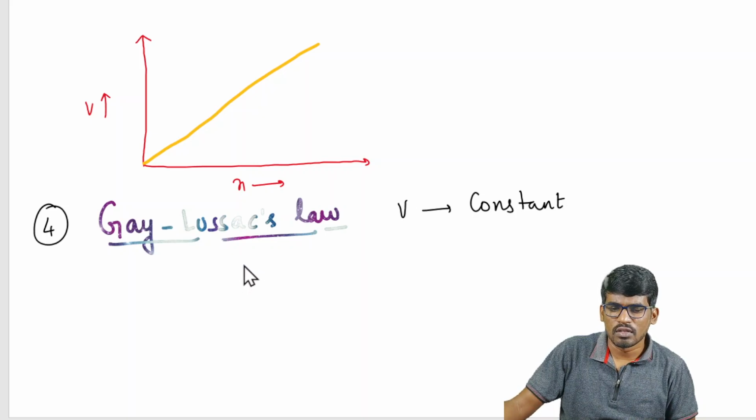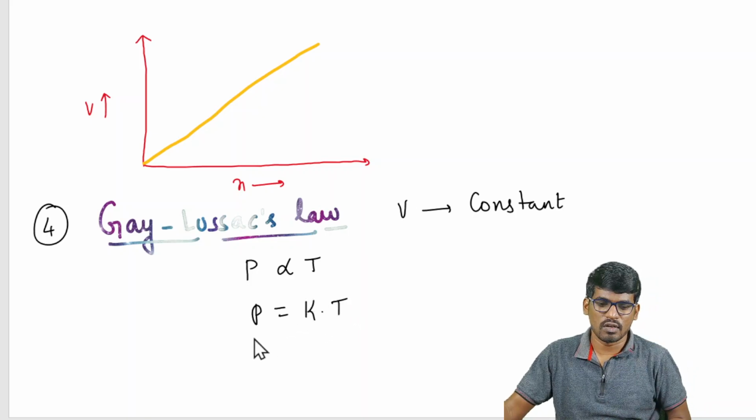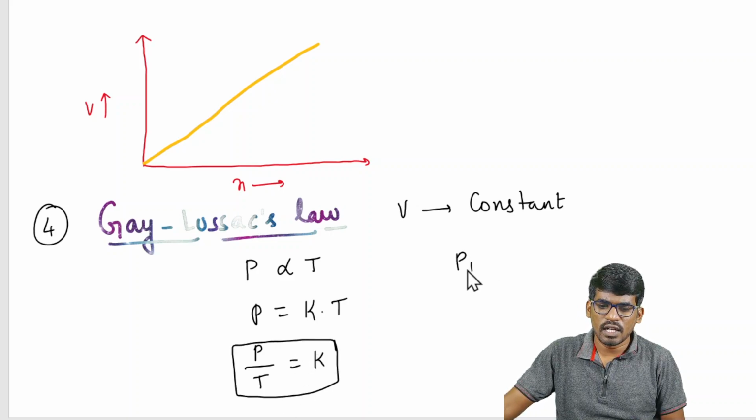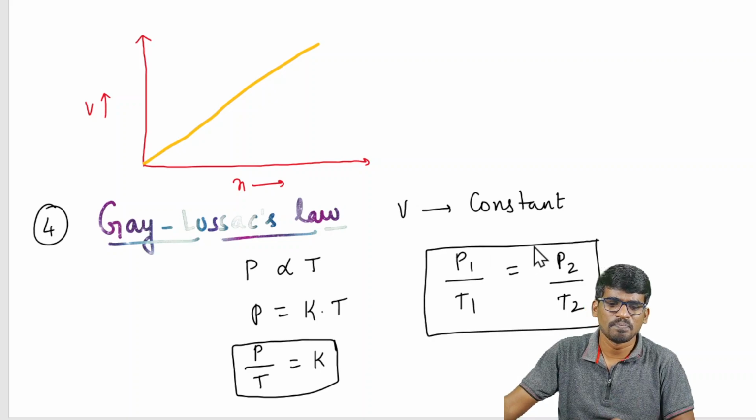At constant volume, pressure is directly proportional to temperature. That indicates P is equal to K into T, where K is the proportionality constant. Then P by T is equal to K. For two different conditions, P1 upon T1 is equal to P2 upon T2, same like V by T is equal to constant.